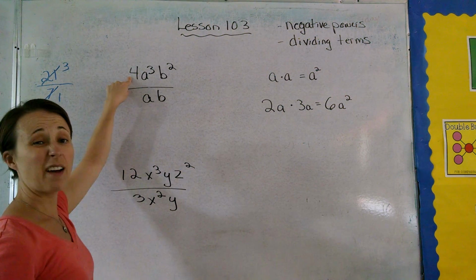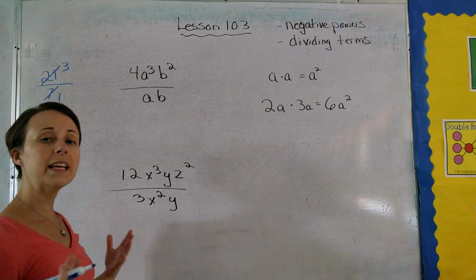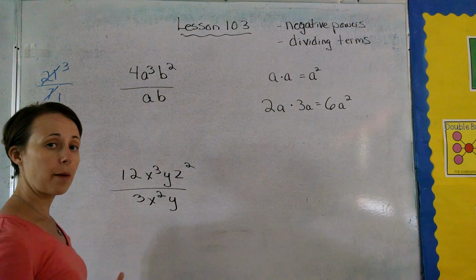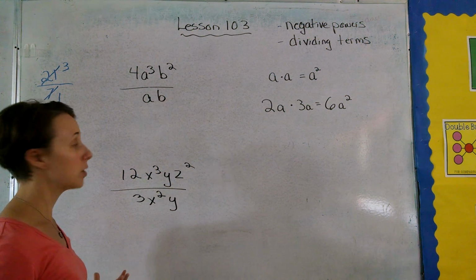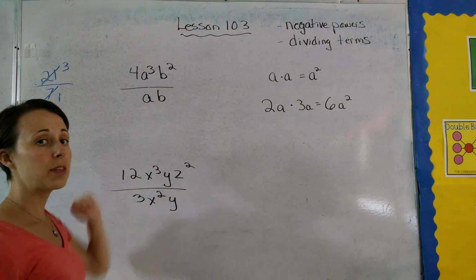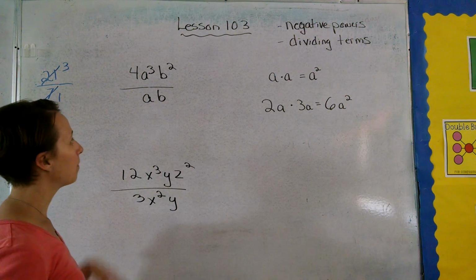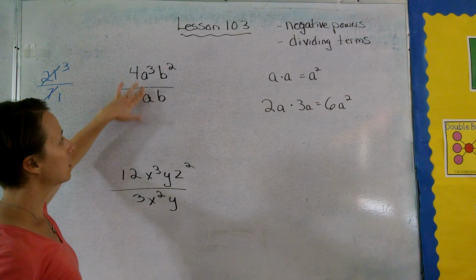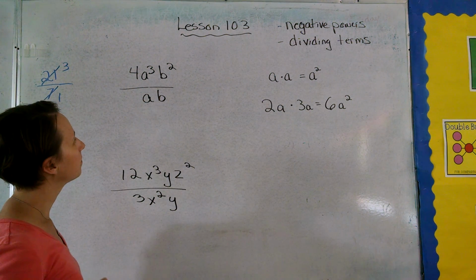Here, I only really have one number, but I have letters. I know that each letter can stand for a number, and if they're different letters, that means they stand for different numbers. So I know that A is a different number than B, and I know that anytime I see an A, it's the same number. This would be the same number as this, only this one would be to the first, and this one would be to the third.